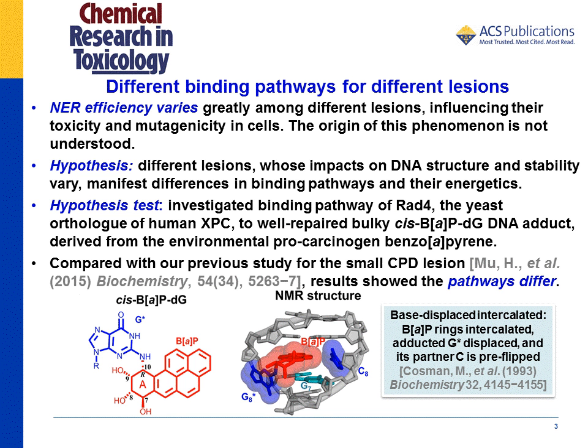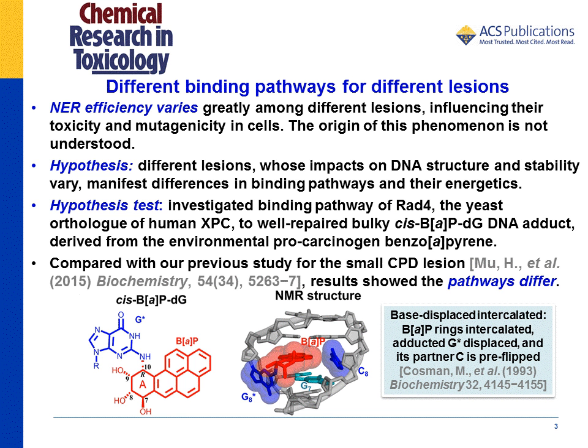The NMR structure of a cis-BPDE-dG containing DNA duplex with a normal partner base C was solved in a collaborative effort with the Patel Lab in the Memorial Sloan Kettering Cancer Center. It adopts a base-displaced intercalated conformation. Shown in the middle of the bottom is the central fiber of this NMR structure.